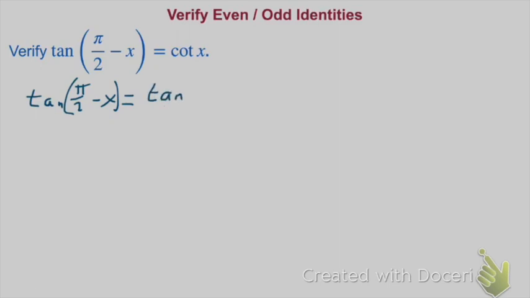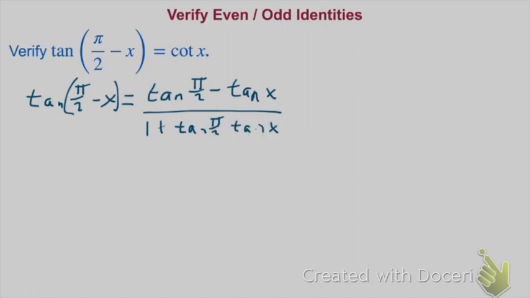We have tangent of pi halves minus tangent of x all over 1 plus the tangent of pi halves tangent x. And we did use a difference identity.